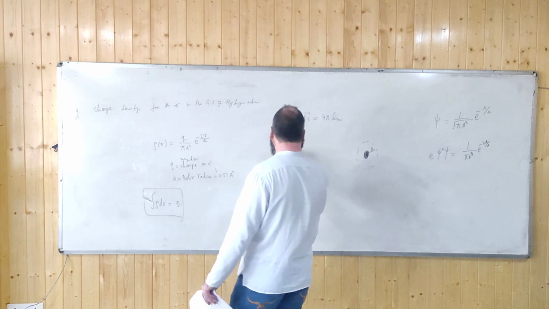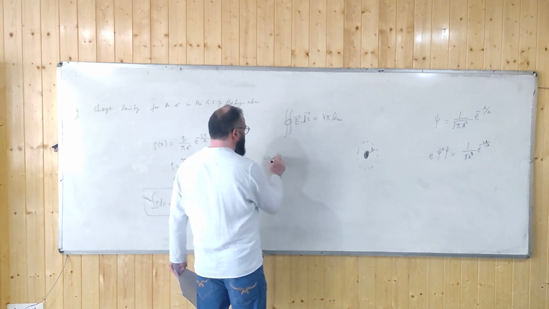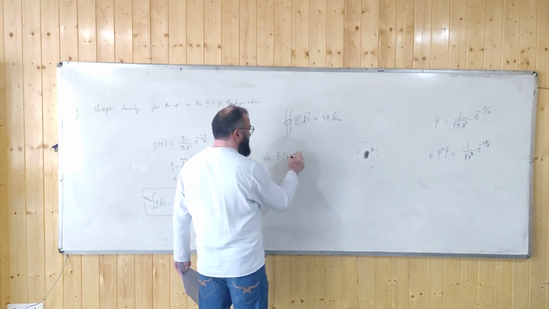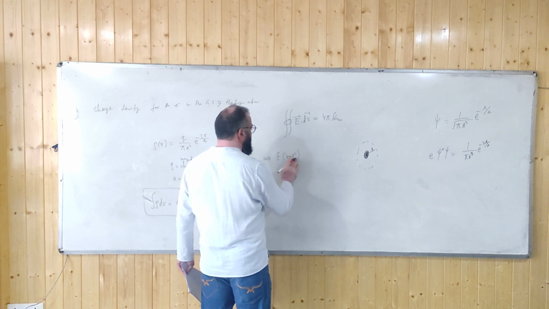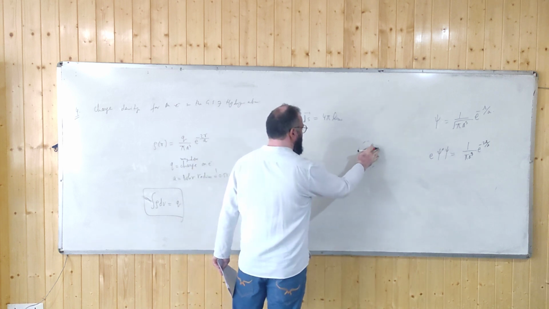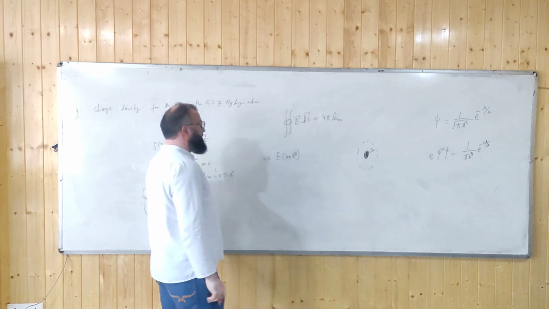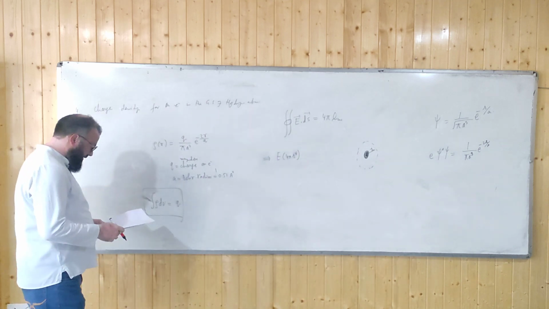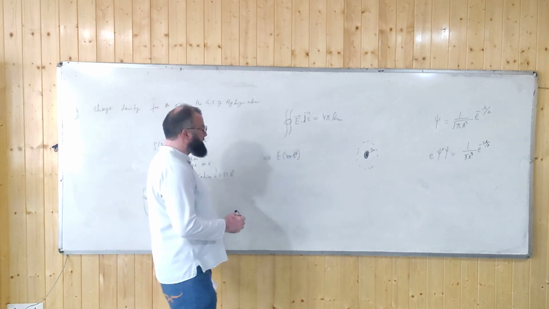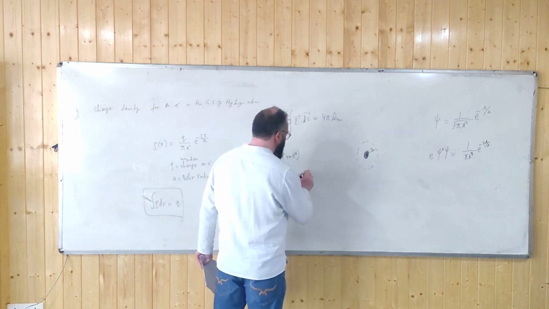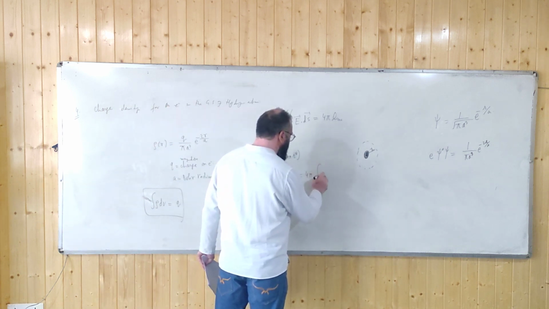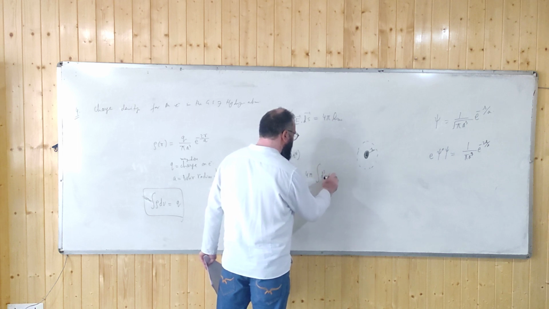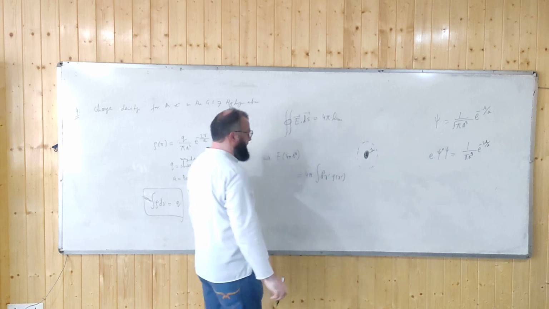Since it is spherically symmetric, you have E into 4 pi r square, let me write small r. So how much is the charge enclosed? It is 4 pi times the integration over the volume d3r of rho.